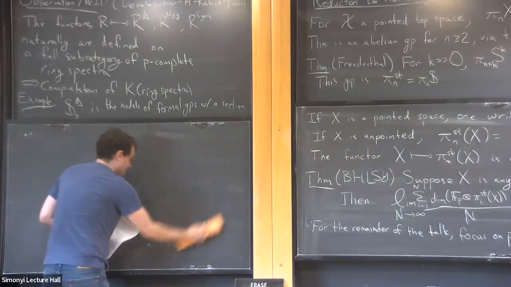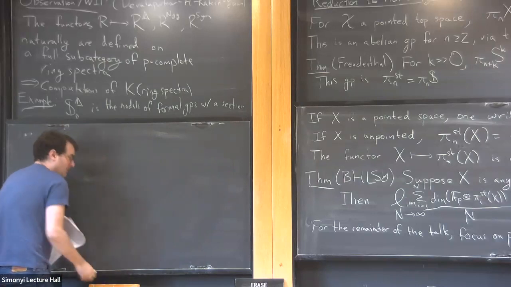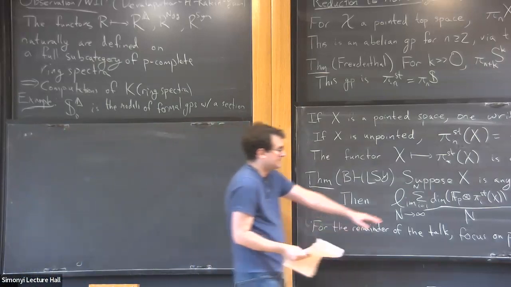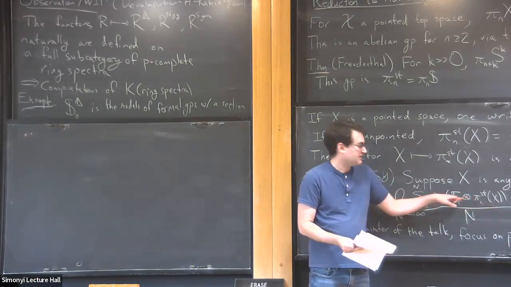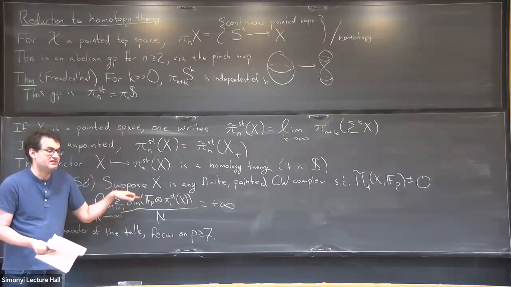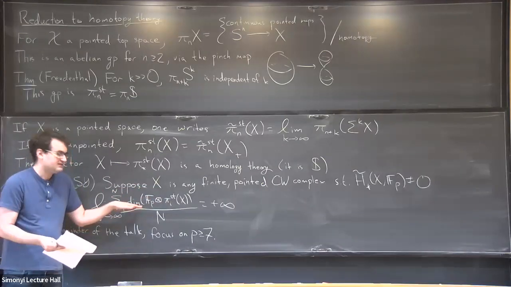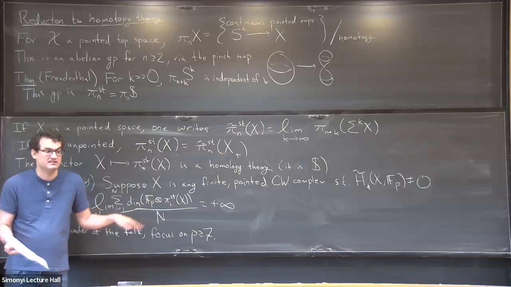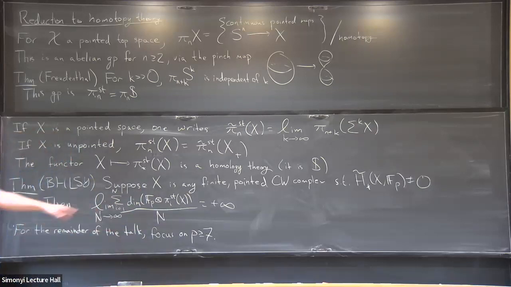I want to say something not about all the stable homotopy groups of X. I'm really interested in the ones that are p-power torsion, and I kind of want to just treat all p-power torsion equally, at least for the purpose of this result. I'm interested in the rank.